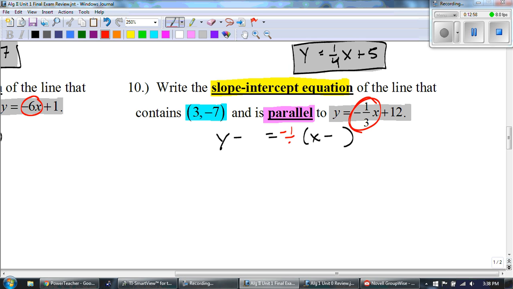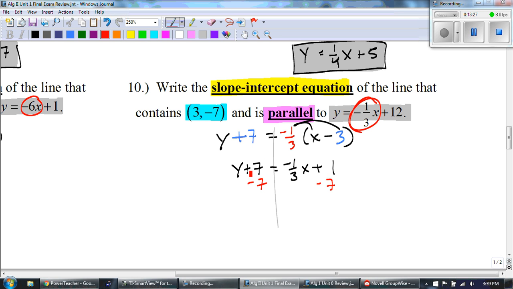Okay, so our slope was -1/3. If you're plugging in a negative, remember you have to change the sign to a positive. -1/3 x. Negative times the negative makes that a positive. 1/3 of 3, or 1 times 3 is 3. 3 divided by 3 is 1.